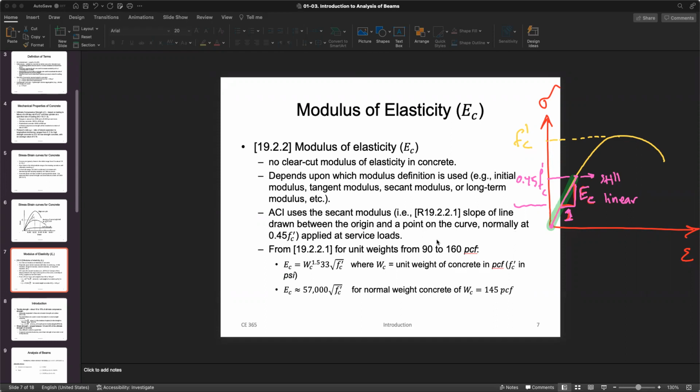So this is what? This is the WC, or concrete density. So for this concrete density between 90 to 160, this is the formula you will be using to find the modulus of elasticity. WC is the weight of concrete in terms of PCF units, pounds per cubic foot.